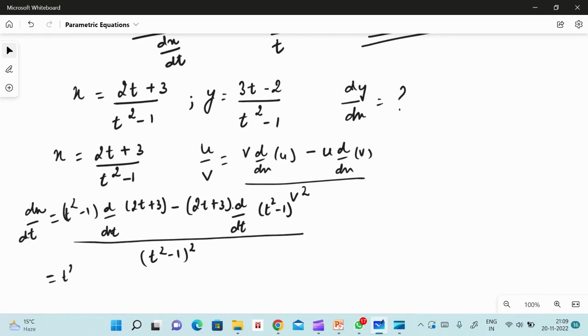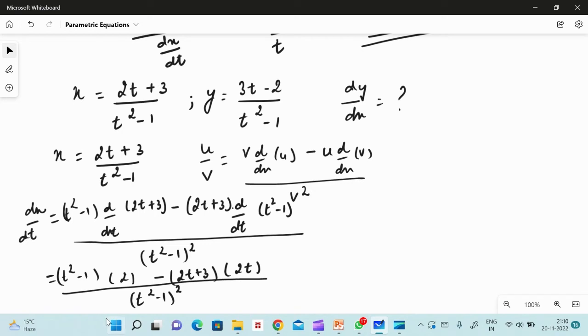So if I solve it, I will get t square minus 1 and derivative of 2t is 2 and 3 is constant, so it is 0. So minus 2t plus 3 into derivative of t square is 2t and derivative of 1 is 0, divided by t square minus 1 whole square.